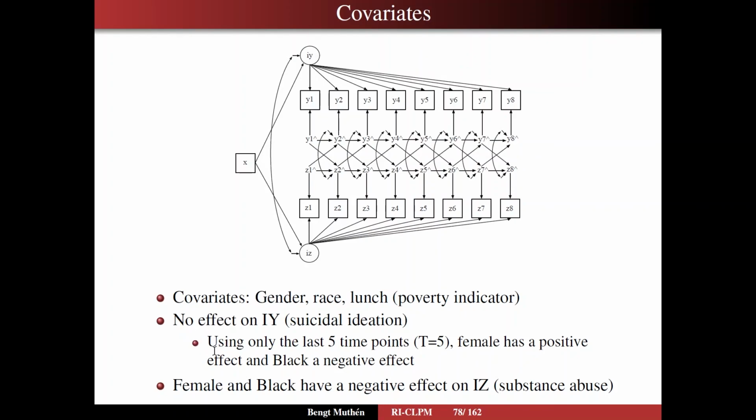Only for the last 5 time points, if you analyze them separately, does female have a positive effect, increasing the random intercept for suicidal ideation and therefore increasing the probability of suicidal ideation responses. So female has a positive effect and black has a negative effect. Female and black have a negative effect on IZ, however, even in the t equals 8 case. That is an effect on the substance abuse.